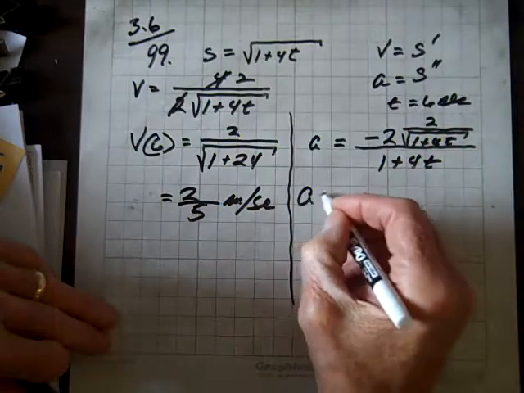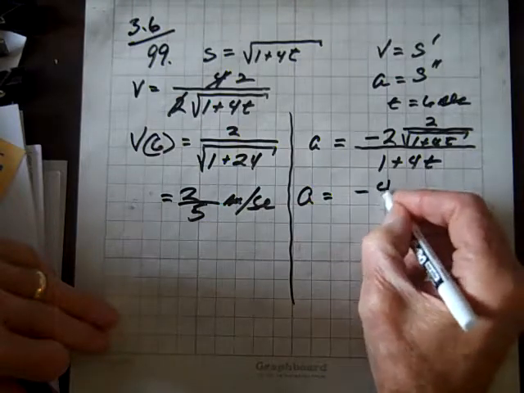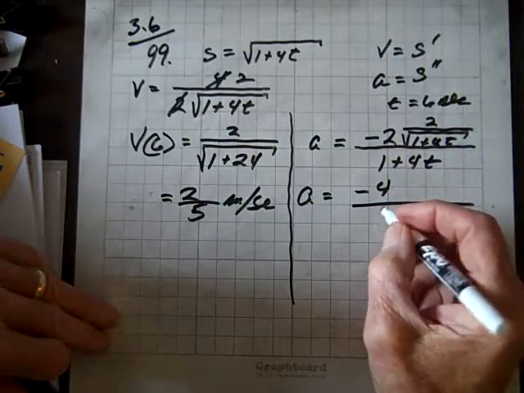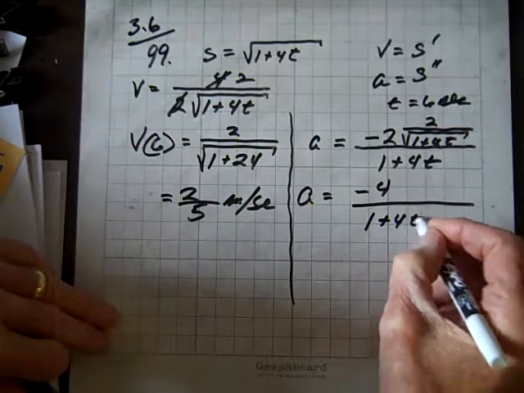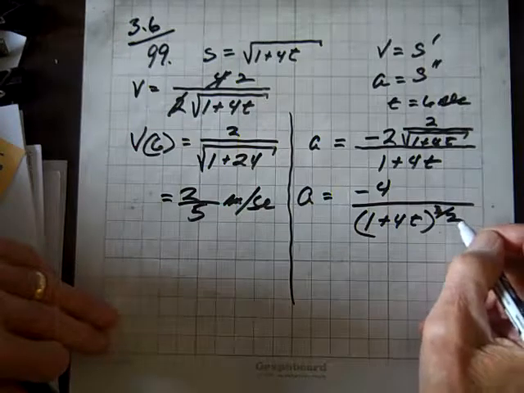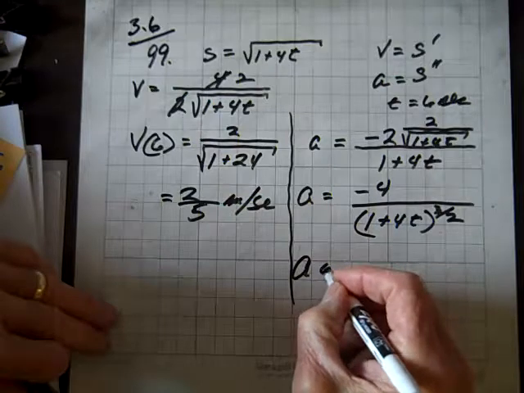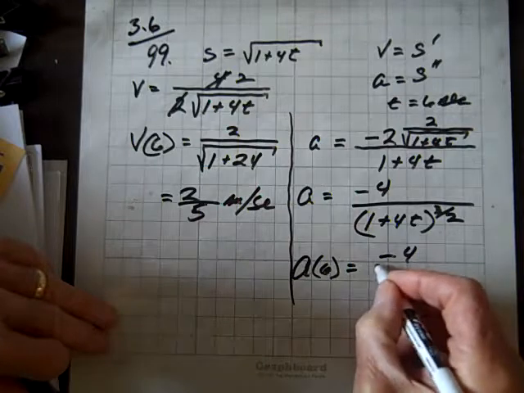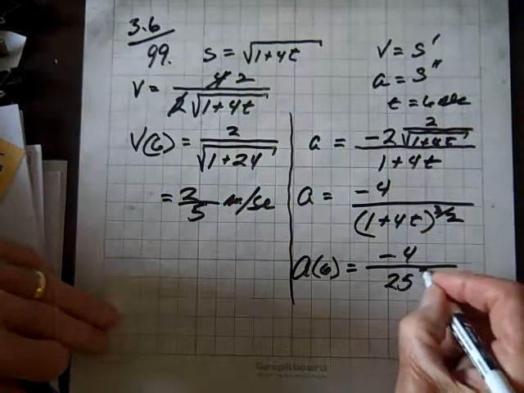Now, this equals negative 2 times 2 is negative 4, and over, when we invert and multiply and simplify, we'll have 1 plus 4t to the 3/2. And so a of 6, letting t equal 6, we get negative 4 over 25 to the 3/2.